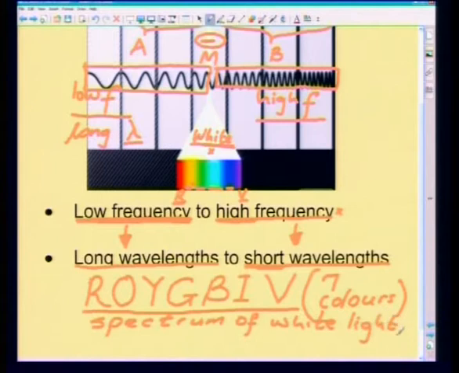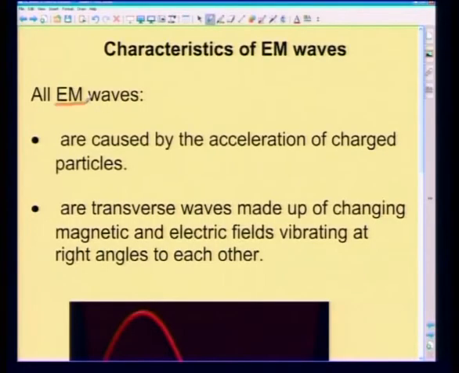Okay, so that's what we have here now. So let's move on and look at the characteristics of those electromagnetic waves. How are they? How do they behave? Now, when you see capital letters E and M together, it stands for electromagnetic waves.